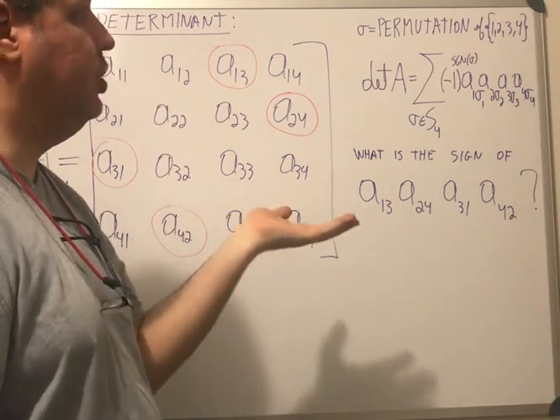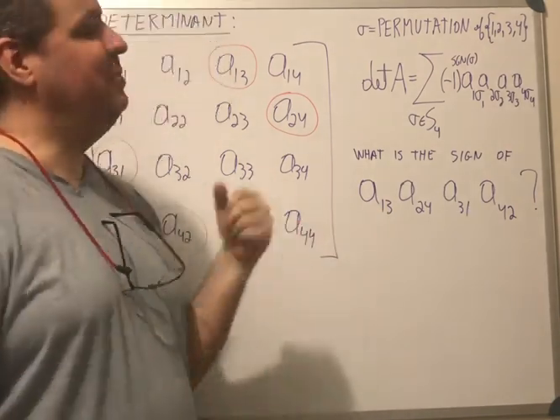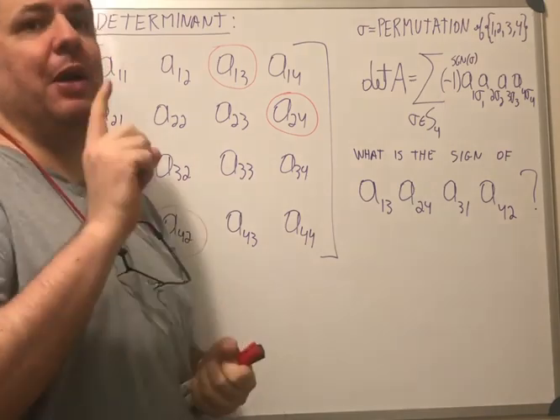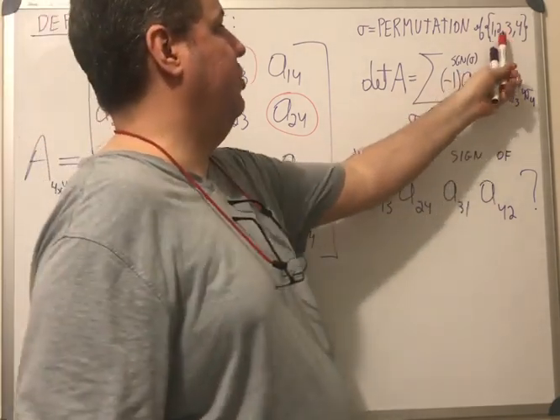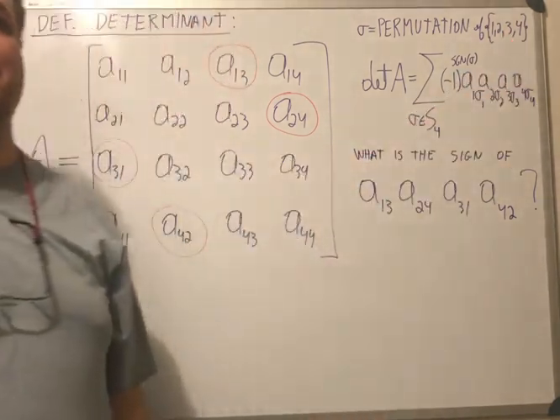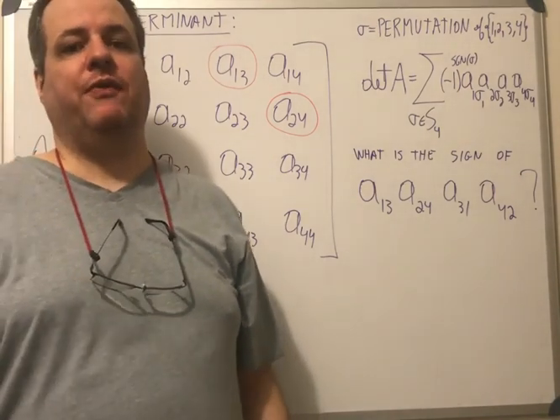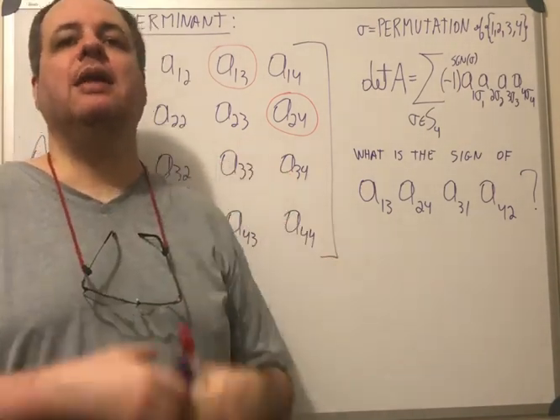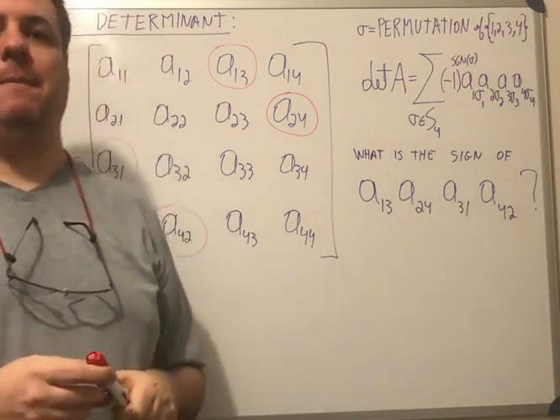What's a permutation? Good question. A permutation is a bijective function from this set to itself. Do you know what a bijective function is? It's a function which is injective and surjective at the same time. Okay?